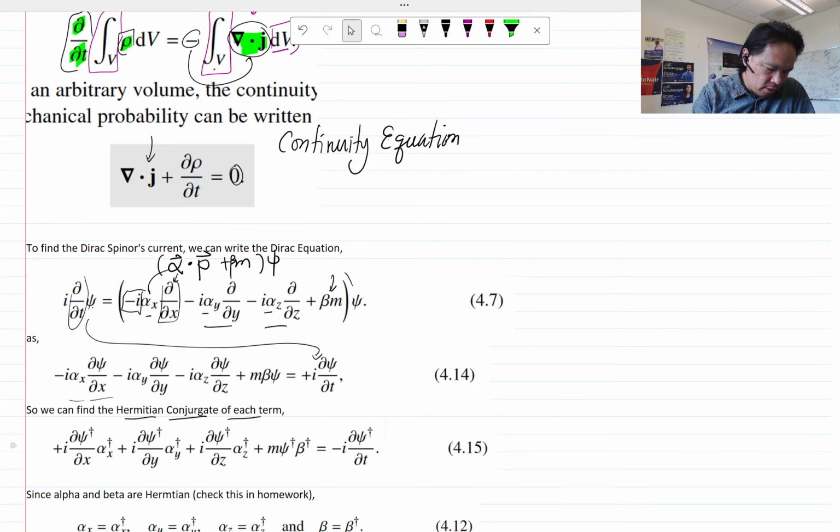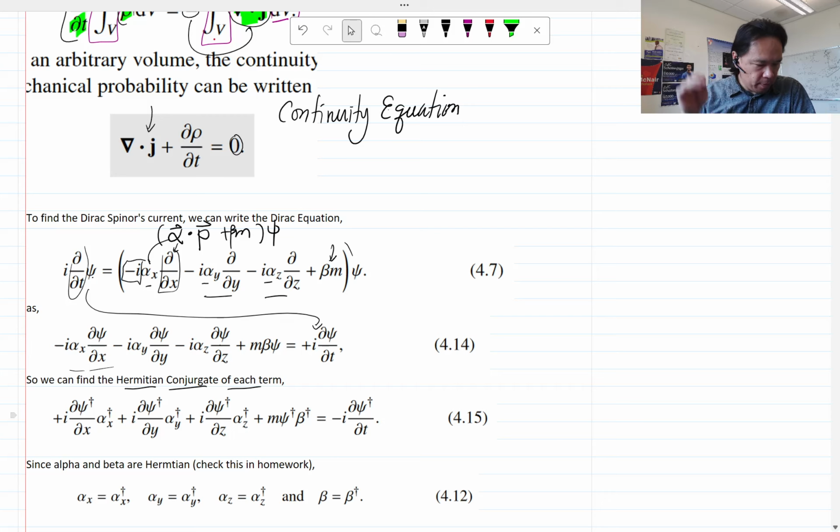We have to be a little careful, because these alphas and beta are 4x4 matrices now. They're not numbers anymore. Instead of just taking the complex conjugate, we have to actually take the Hermitian conjugate, which basically flips all the indices on the matrix, and also makes all the i's negative i's.